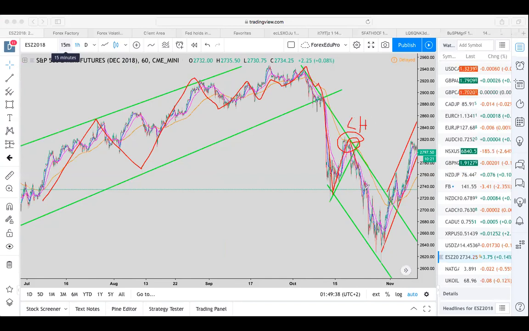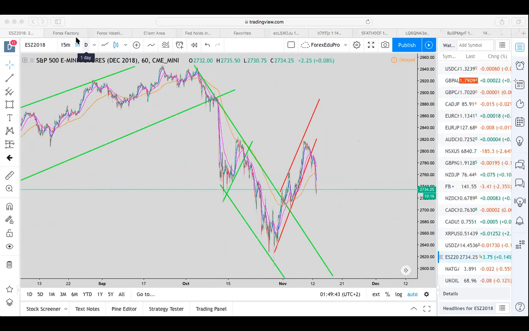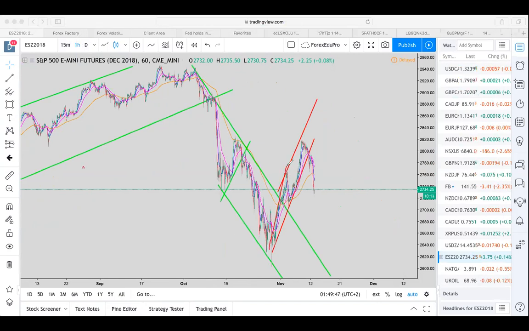First lower high, we take the sell. Break. First higher low, we take the buy. Break. First lower high, we take the sell.